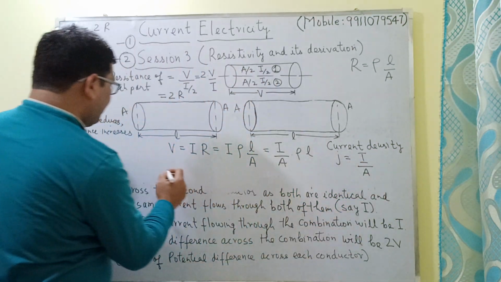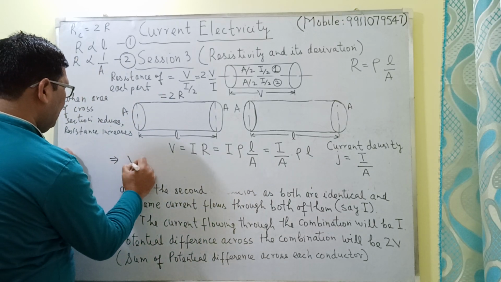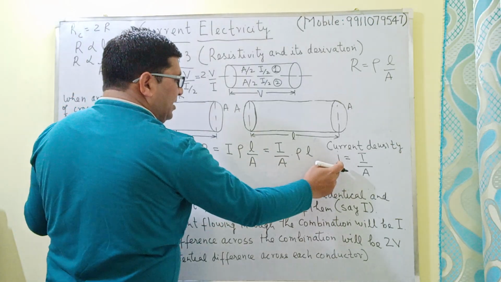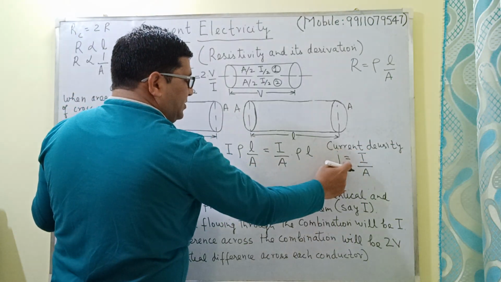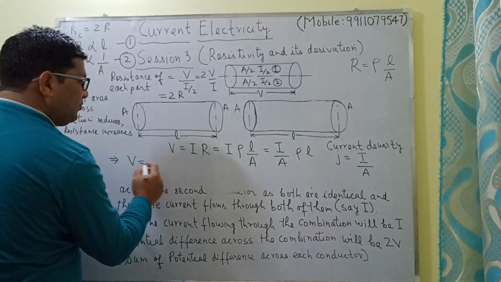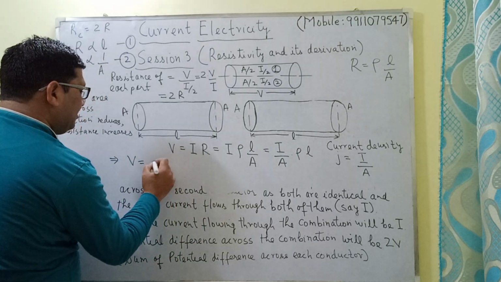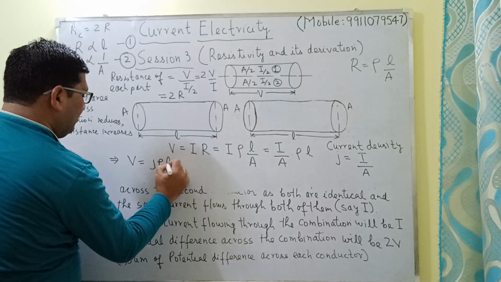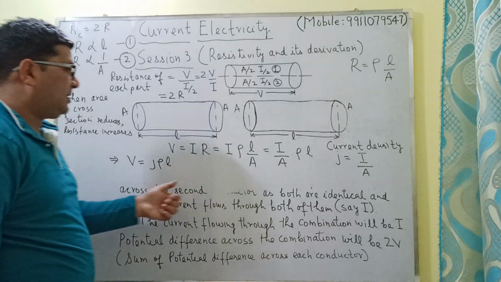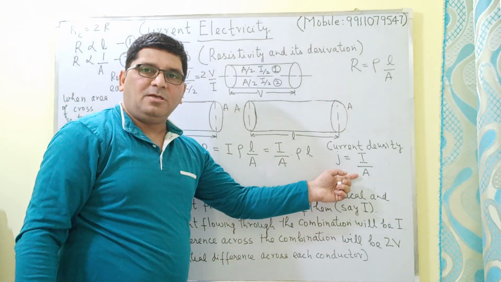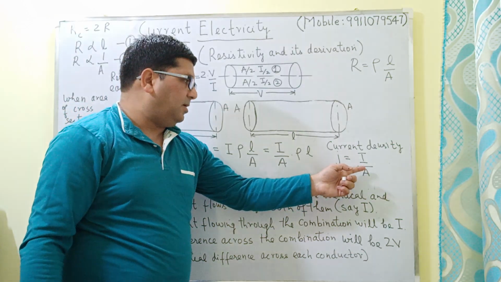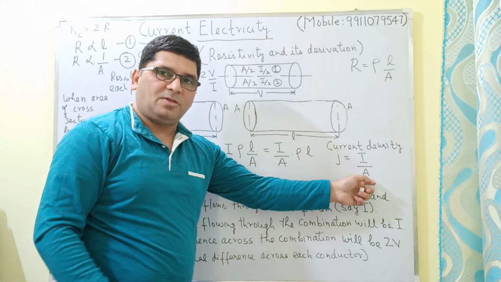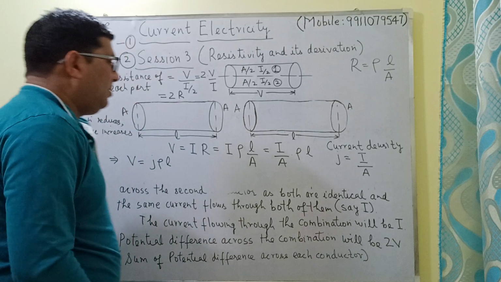So I can substitute this value in this equation. If I substitute the value of J equal to I upon A, we will get another equation, that is J rho L, where J is the current density, the current which is flowing through the unit cross sectional area.